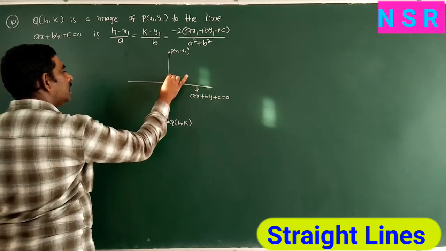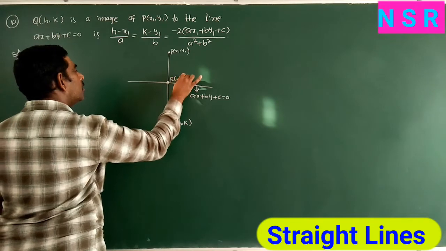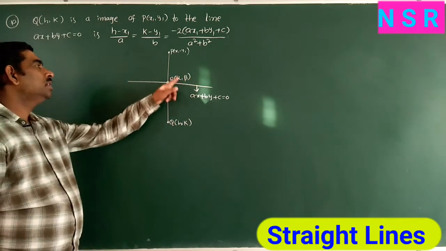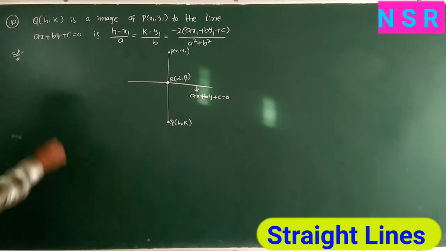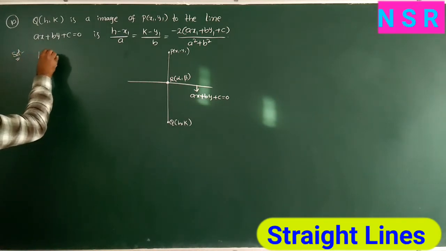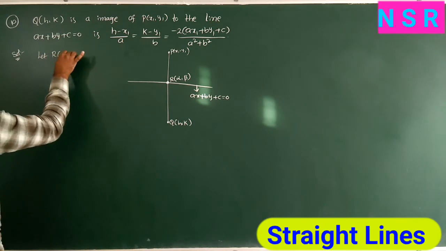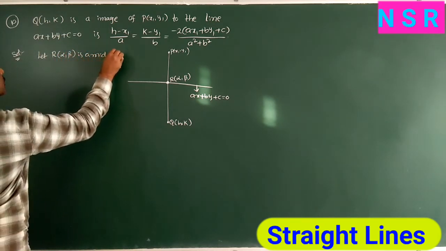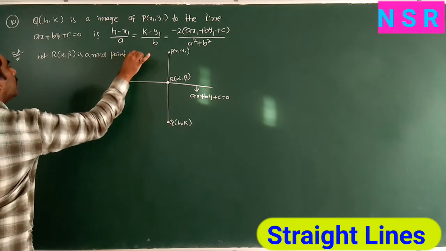Now consider here any point R alpha comma beta. R is the midpoint of PQ and also R is the foot of perpendicular from P. So let R alpha comma beta be the midpoint of PQ.